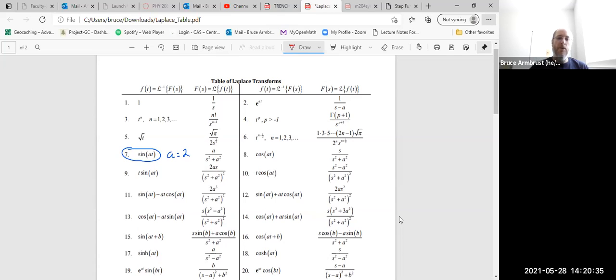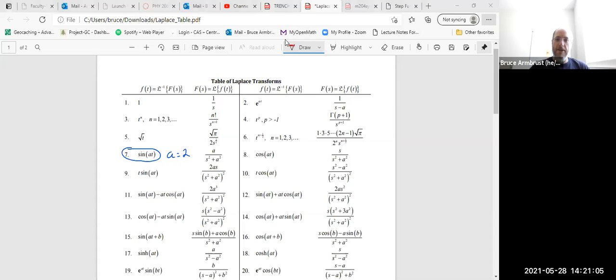We had s squared plus 1 and s squared plus 4, so those are definitely coming from sine. One of them is going to be a equals 1, the other a equals 2, so we're going to get sine of t and sine of 2t in some combination. The other one, s over s squared plus 1, came from a cosine.